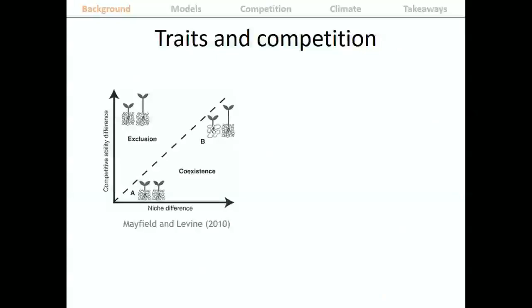But we can also think about competitive ability difference, where we don't want so much asymmetry in functional traits that confer competitive ability, such that you have competitive exclusion of a partner. So there's this zone of coexistence in here that we can look at. And we can use functional traits to try and get at these two different aspects.